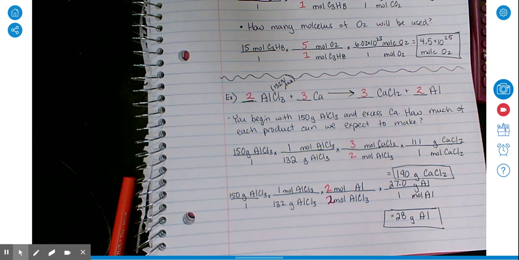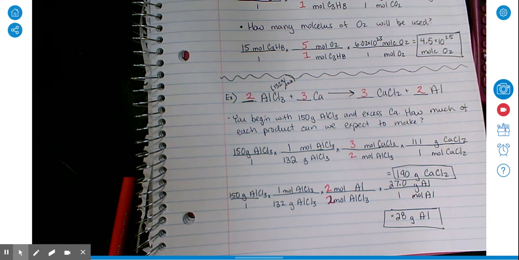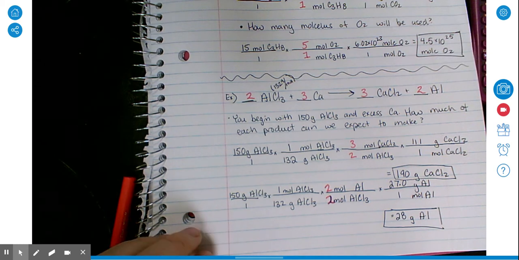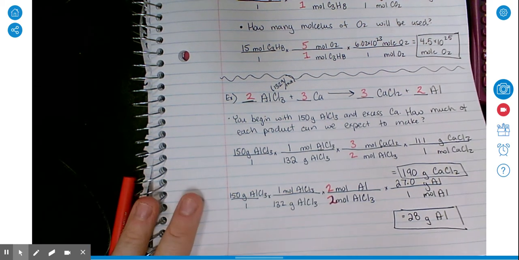Now, these were 2 fairly straightforward examples. A combustion, a single displacement. We're going to do one more practice problem today, so that we can start to tie back in, why in the world did we do density conversions?